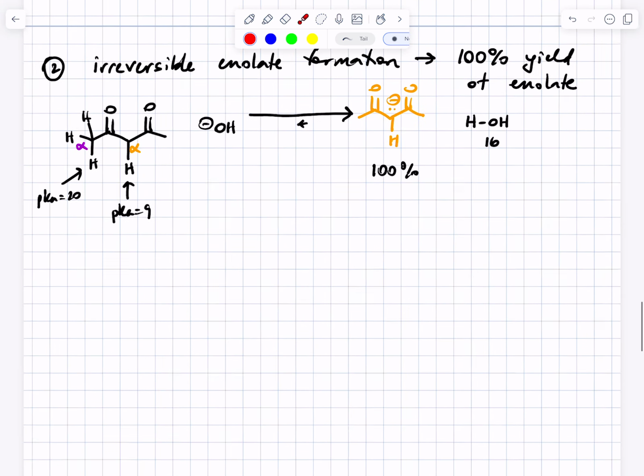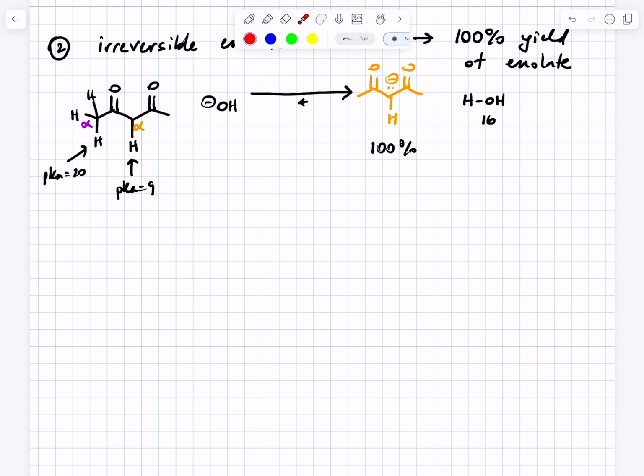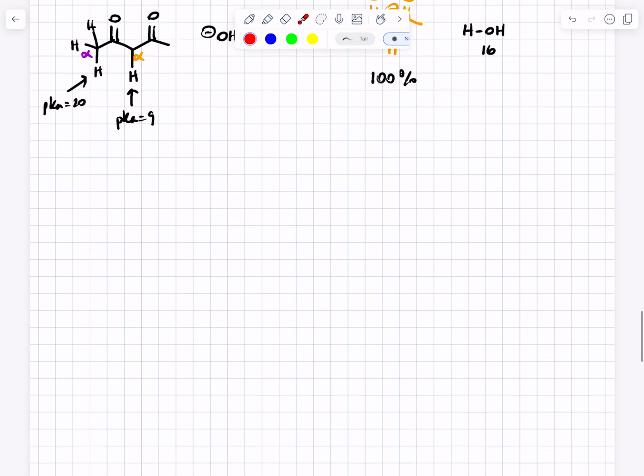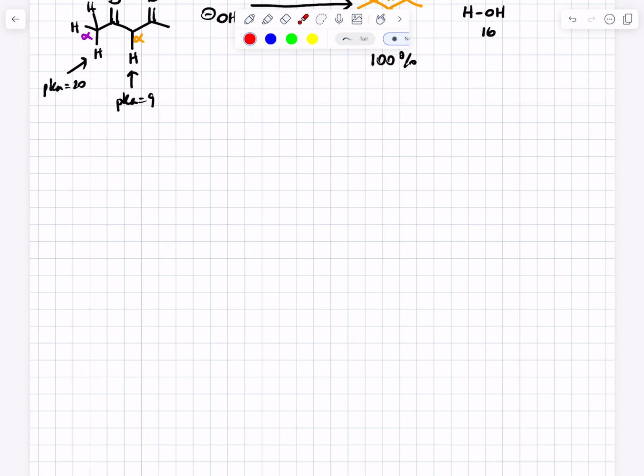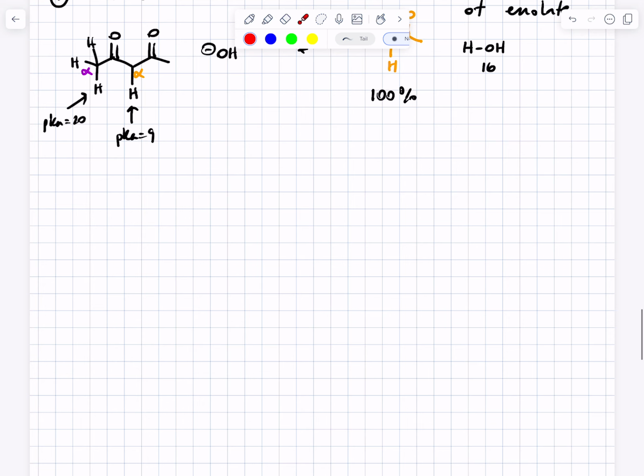Okay? Another example is to use a base that is so super strong that it can deprotonate even an alpha proton that's not in between two carbonyls. So we'll go back to just a plain old ketone, pKa 20. And we're going to introduce a base that is a nitrogen base.